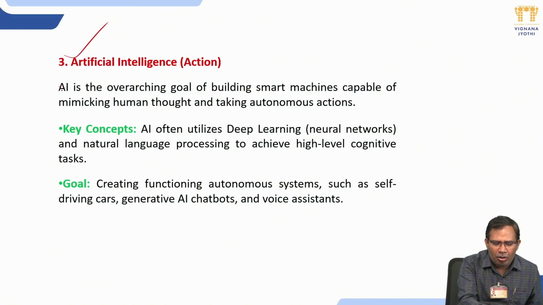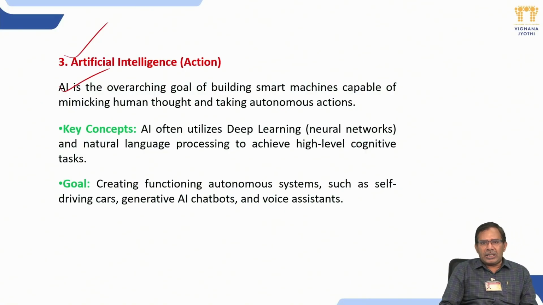AI is the overarching goal of building smart machines that are capable of mimicking human thought and taking autonomous actions with reasoning capability, predicting capability, and probability capability, and which are able to store information, memorize it, and reason, and are good at taking actionable decisions which are very precise.